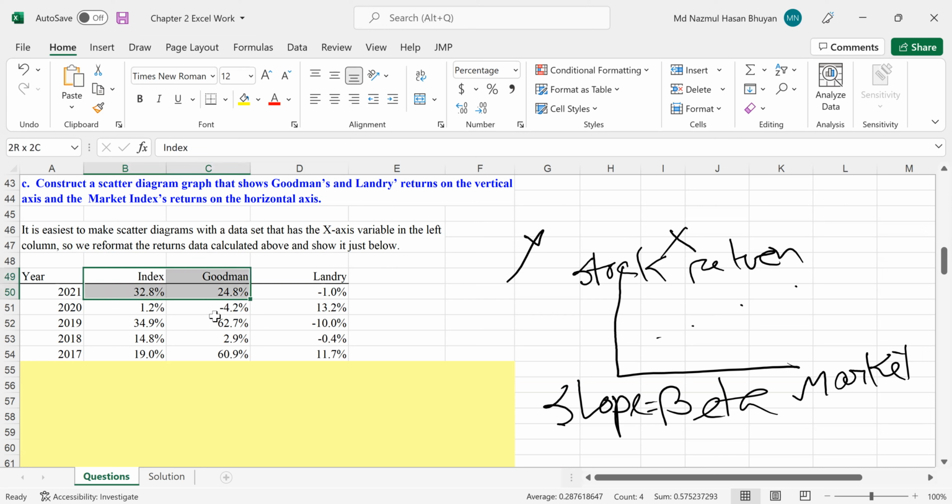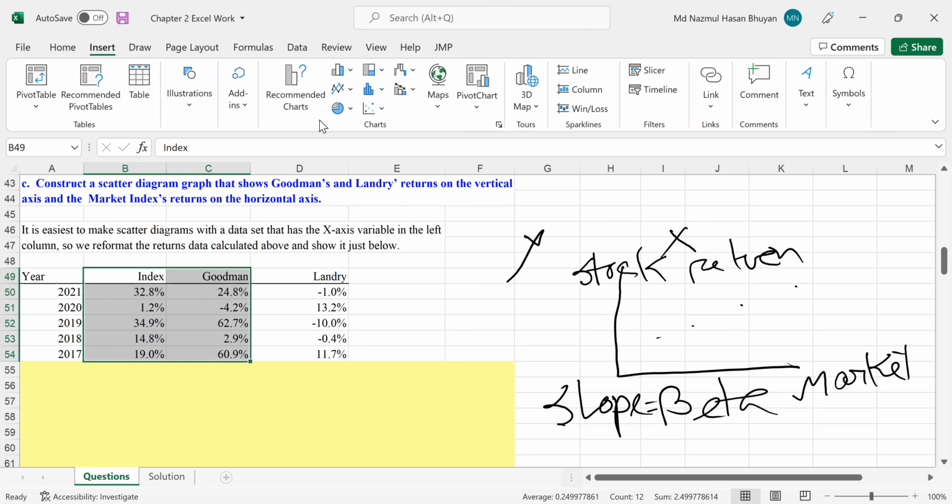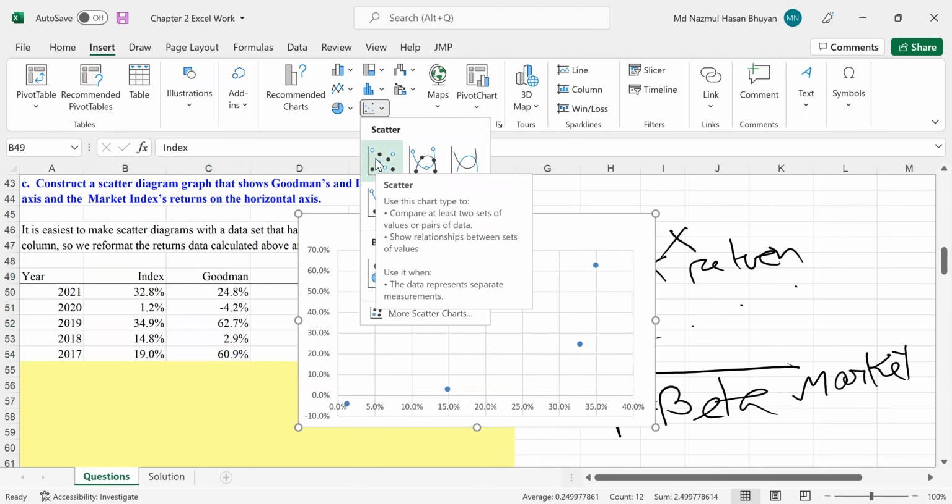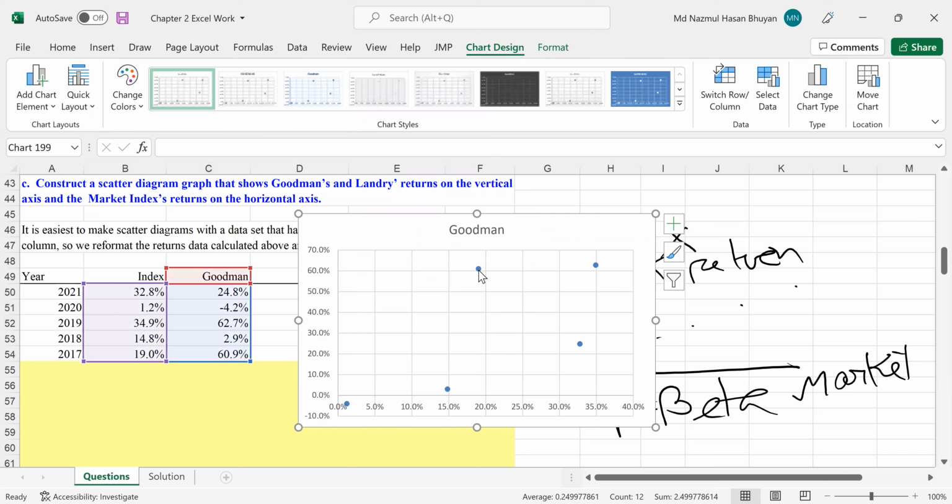Okay. First, let us choose just market and Goodman company. Then go to the insert menu. From there, choose the scatter plot. So now we got the scatter plot for Goodman and then the market. And then here, market return is in your y-axis, and then Goodman return is on your x-axis.